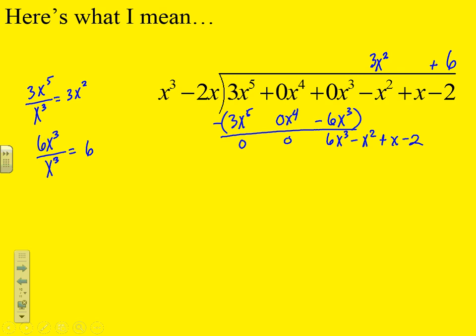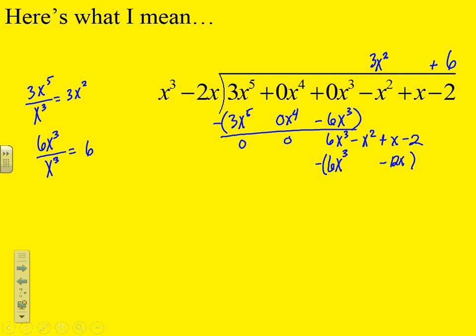So I'll just say plus 6 because it's a positive number. So multiply the quotient to the divisor. 6 times x cubed is 6x cubed. 6 times negative 2x is negative 12x. So I'm going to put negative 12x here. So everything is lined up.